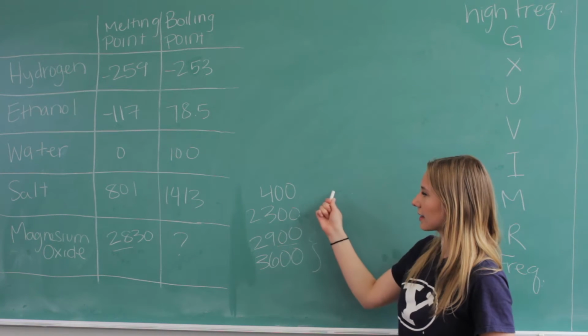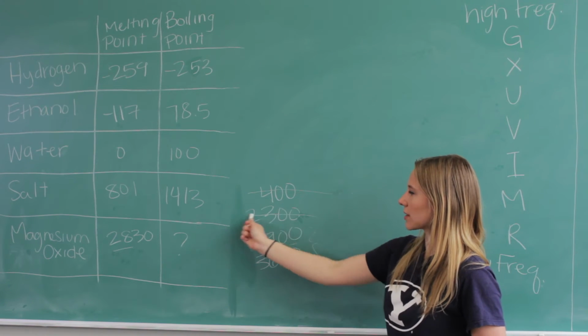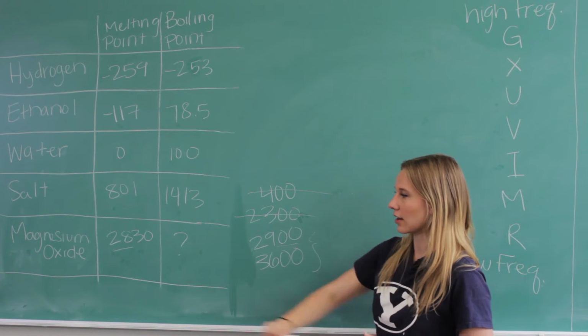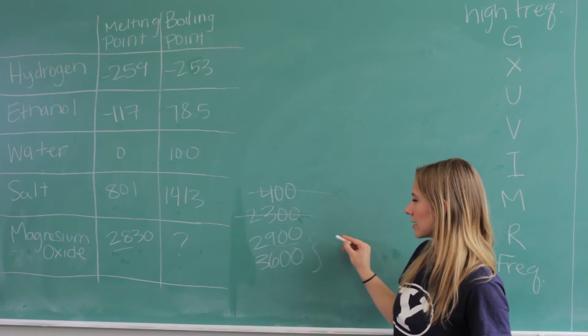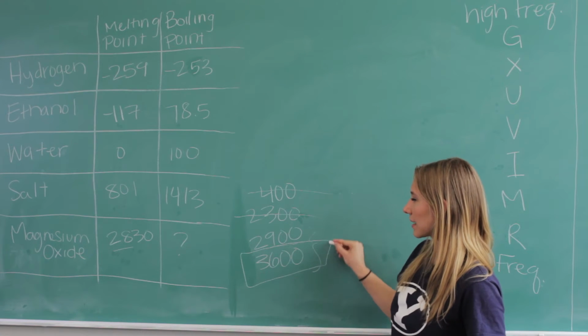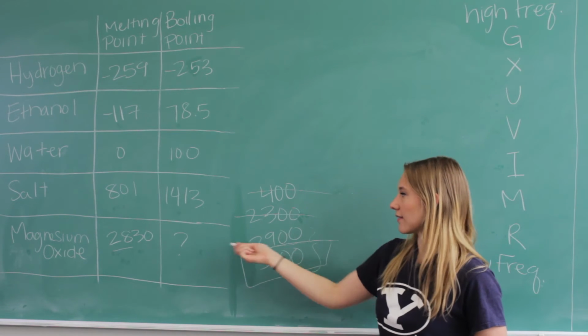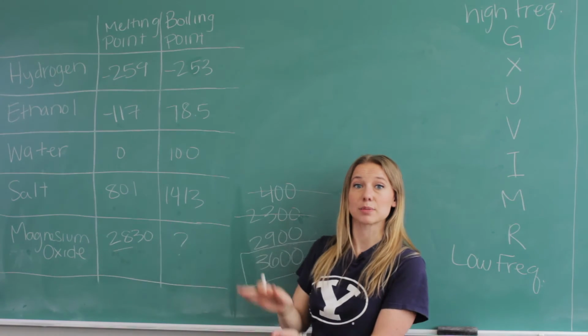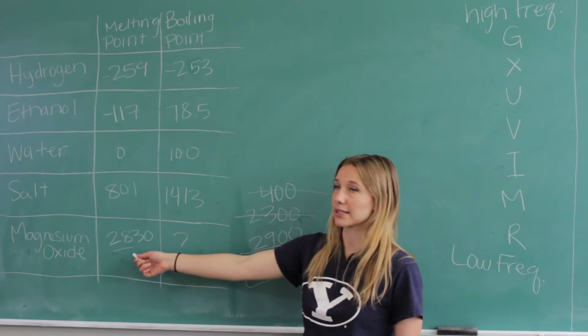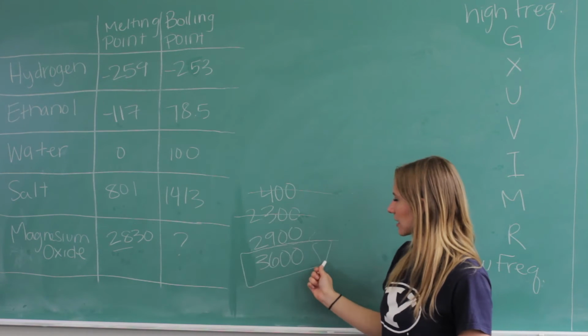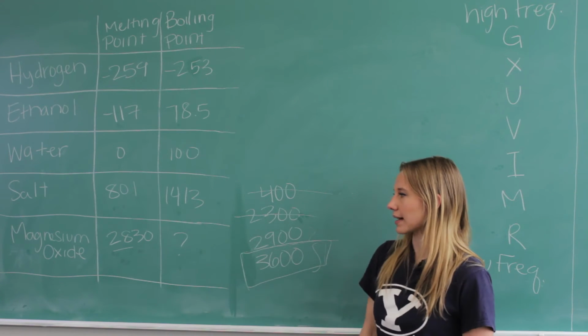So we can automatically eliminate 400 and 2300 because those are lower than this. And then we know that it's probably going to be 3600 because this is only 70 degrees away from this. And we know that the disparity between them, or the difference between them, gets greater as the melting point gets greater. So 3600 degrees is the melting point of magnesium oxide.